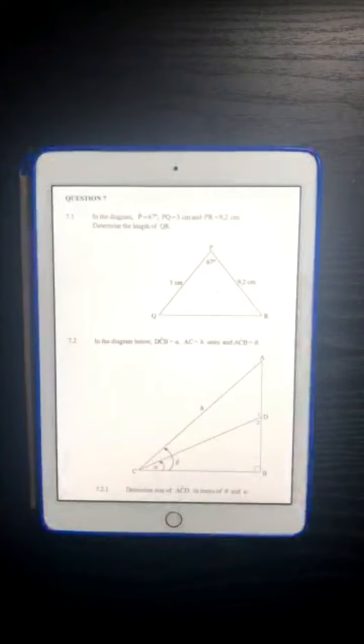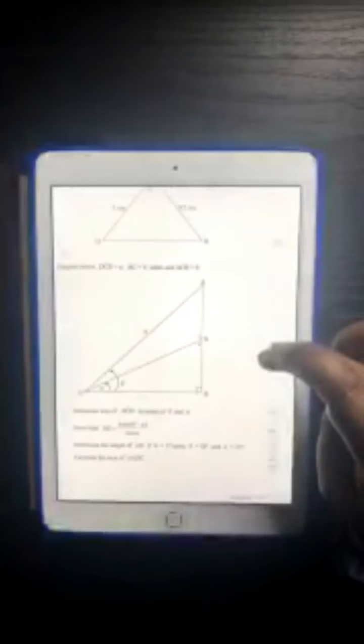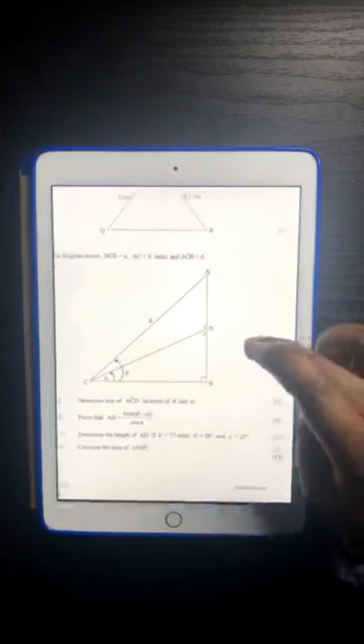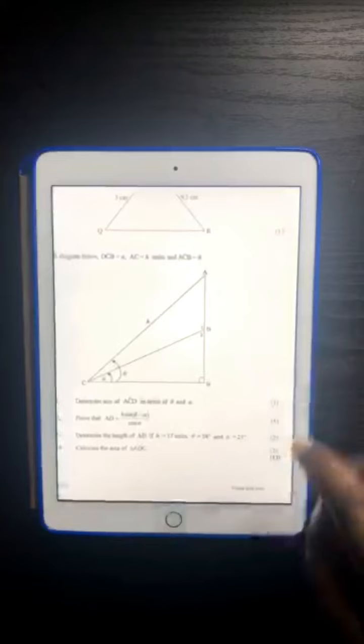Yes, sir. Cosine rule. Do you guys agree with that? Yes, sir. Cosine. Easy, easy. Let's see. 1 mark, 4 mark, 2 mark, 3 mark.